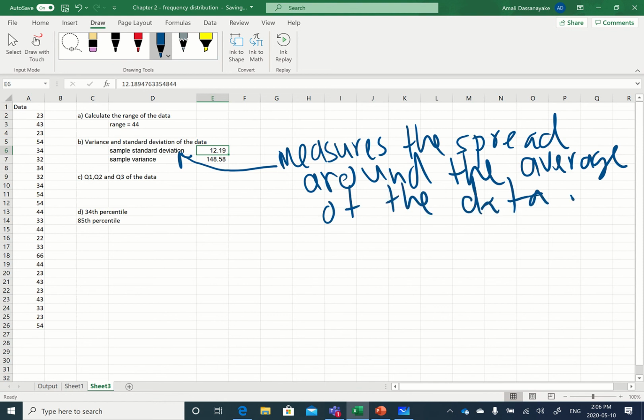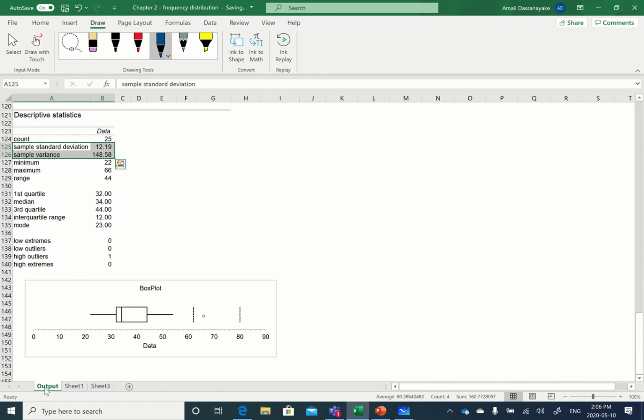Okay, so 12.19 is that amount. And then we have quartiles, Q1, Q2, and Q3. Q1 is 32 and Q2 is same as the median. So this is Q2, 34. Q3 is 44.